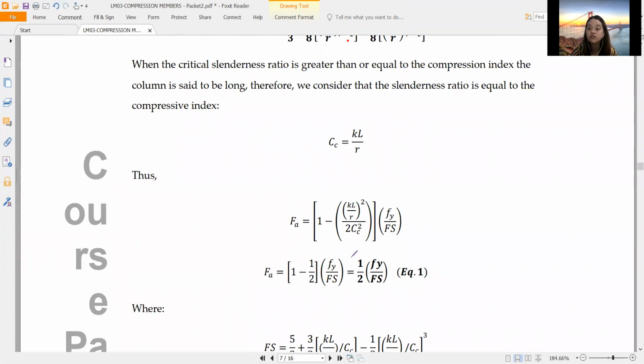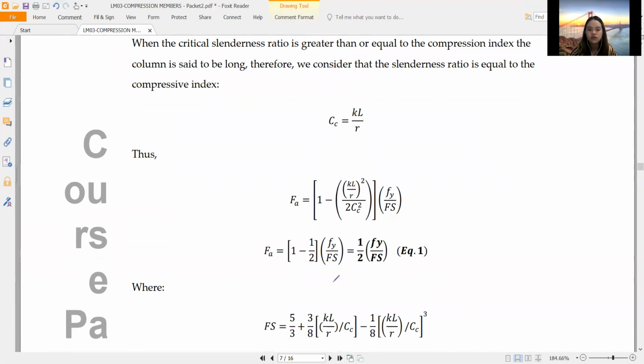Both are long columns. Since our CC and our KL over R are equal, we assume that your FA, since they are equal, this would be cancelled. So we can have your FA is 1/2 of your Fy over your FS.